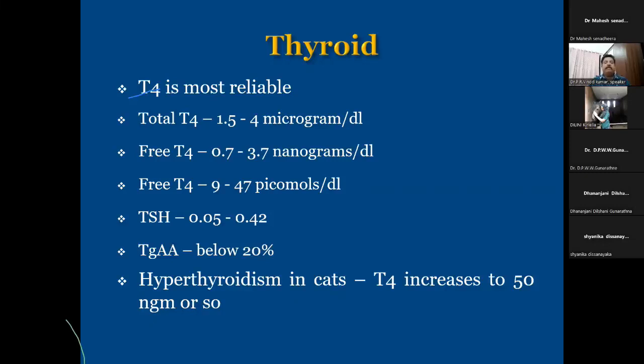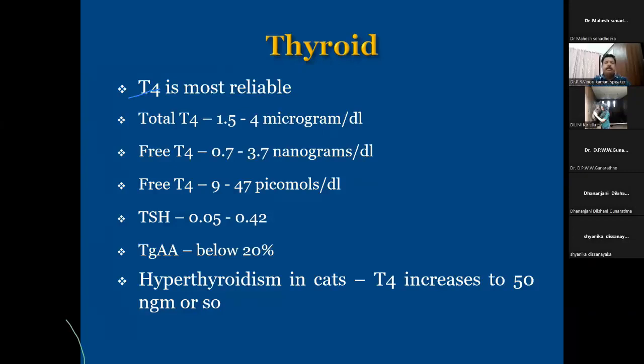Take it down or take a screenshot, because this is very useful. If free T4 is expressed in nanograms, the normal level is 0.7 to 3.7 nanograms per deciliter. If it is expressed in picomoles, the normal level is 9 to 47 picomoles per deciliter. And the TSH normal level is 0.05 to 0.42.